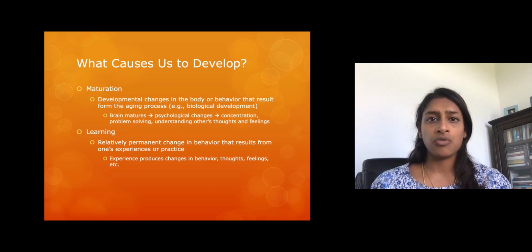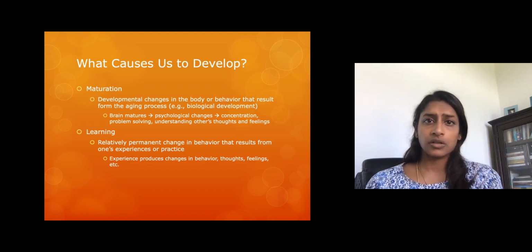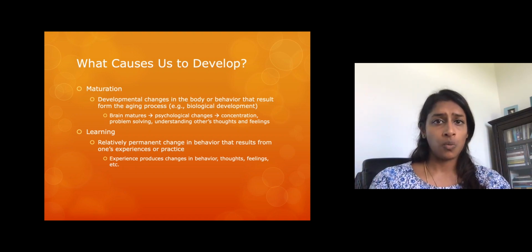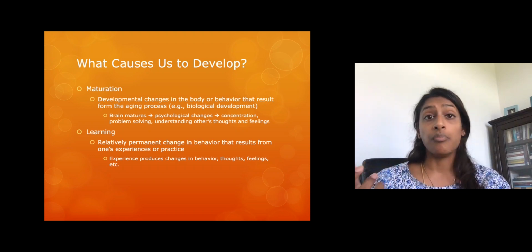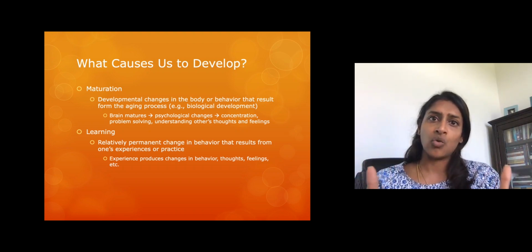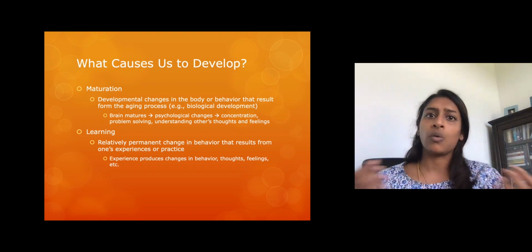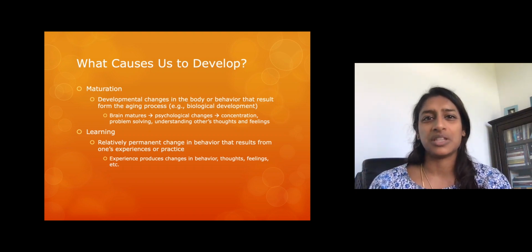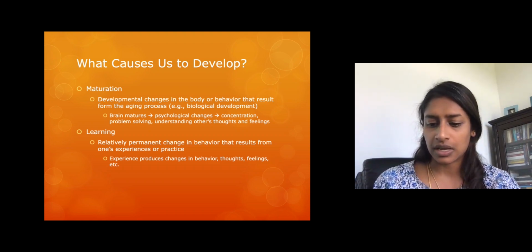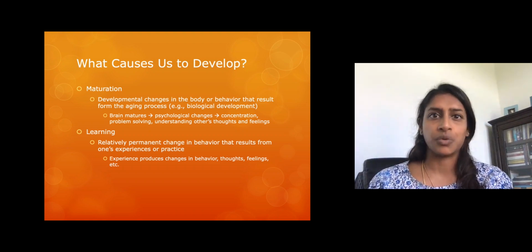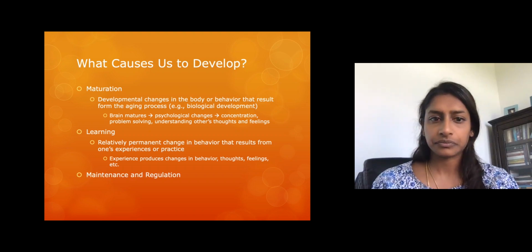But when we talk about normal development, the child who's starting to walk at 9 months and the child who's walking at, say, 12 months are both developmentally normal, right? It's within that normal range. There are individual differences within that range, okay? So think about that as we're talking about, on average, what we expect to see.